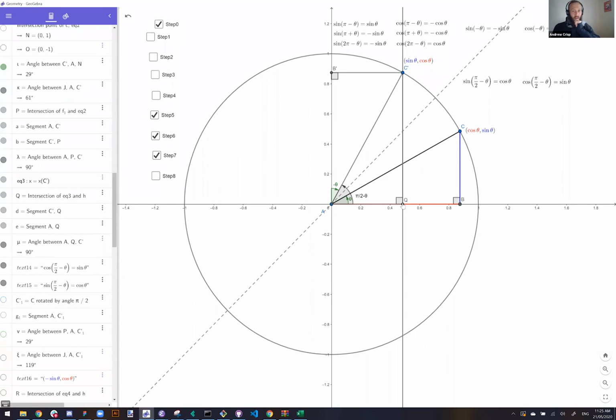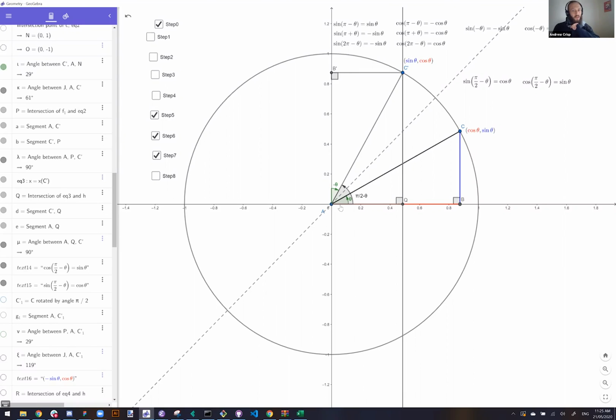So the height of the point when you go pi over 2 minus theta is equal to the original distance. And you can think about the fact that this distance here from A to B is the same as the distance from A to B prime. But that's why we change from sine to cos. All of these previous identities that we found were just sines turning into other sines and cosines turning into other cosines.